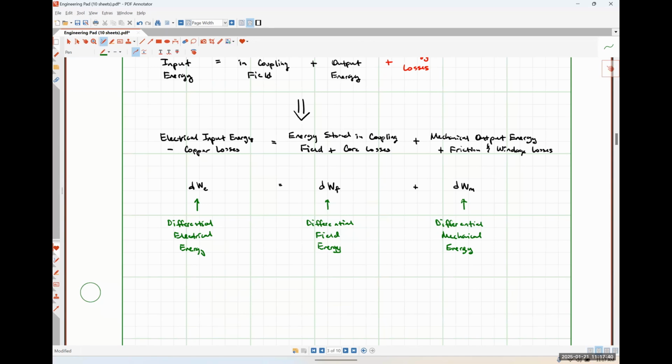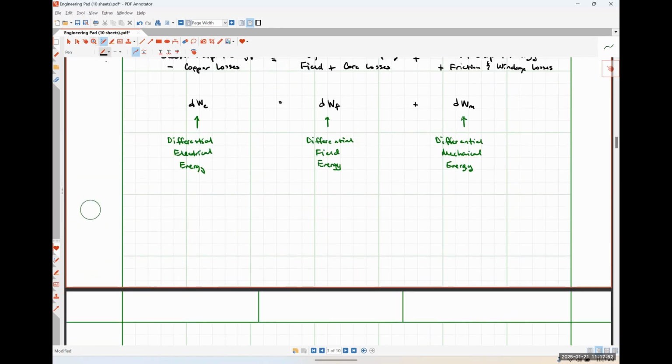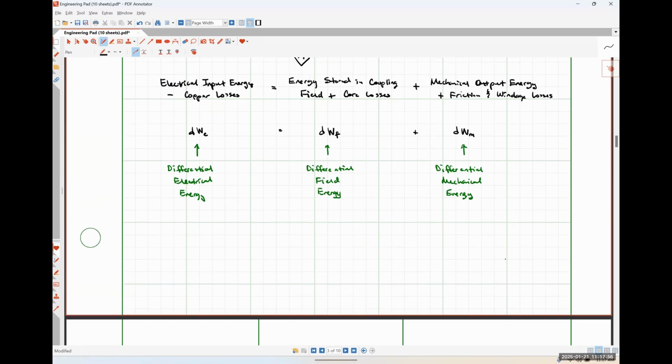So because we're probably least familiar with this aspect, I want to talk about our field energy first. Let me know when I'm good to move on to a new sheet of paper, as it were.